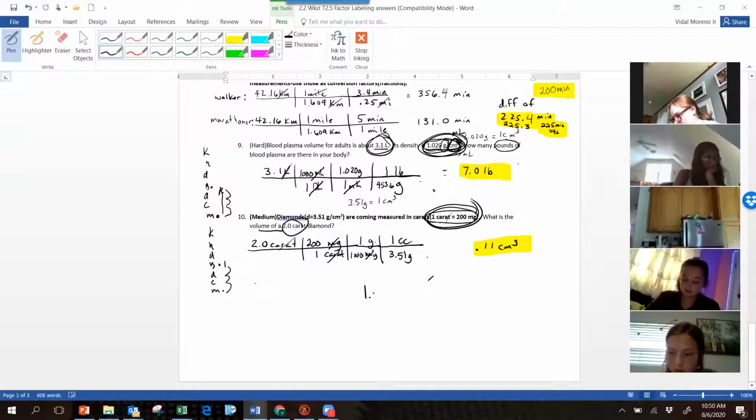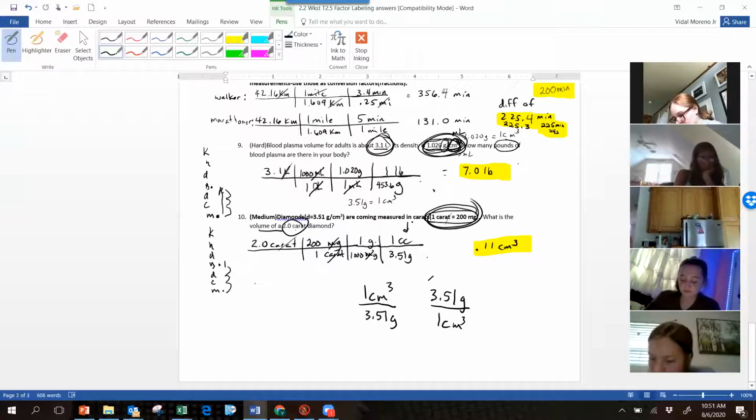That means that density can be written like this, or it can be written like this. I don't know who asked the question, but in this case, I needed cubic centimeters to be on top, didn't I? So I took the density and I flipped it up. I flipped it down or upside down.